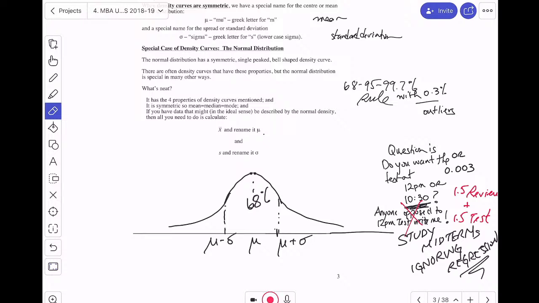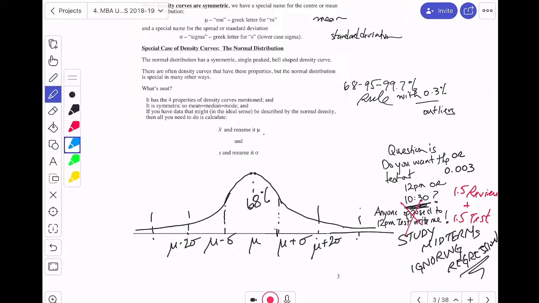Within 2 standard deviations, so I have to move an equal distance this way, so this spreads out like this, are 95% of the observations.